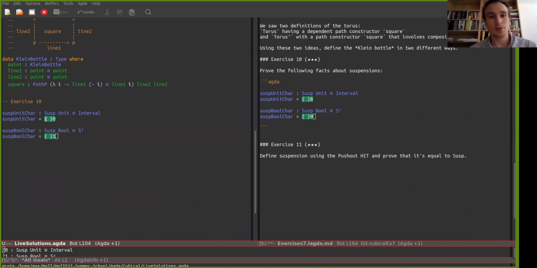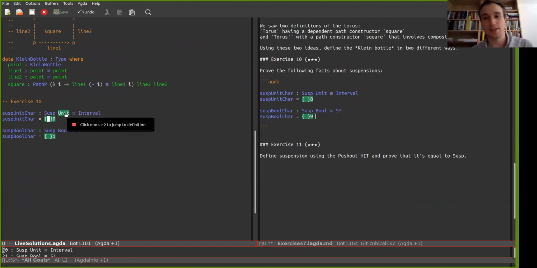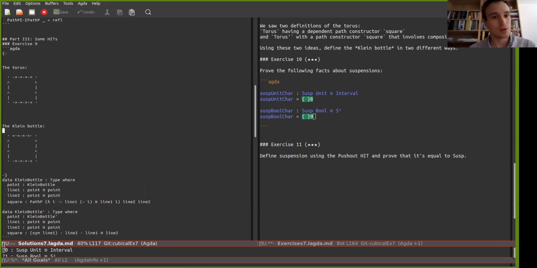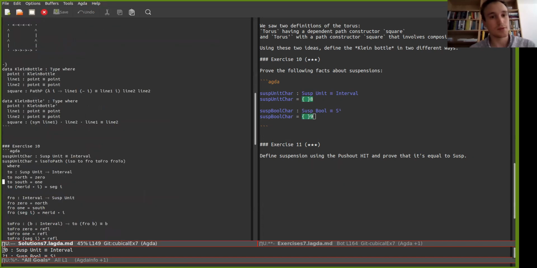Should we do the unit first, or should we just jump to the sphere? Is everyone happy with the unit? This is not too hard. Yeah, let's skip. This is the other definition of the Klein bottle.